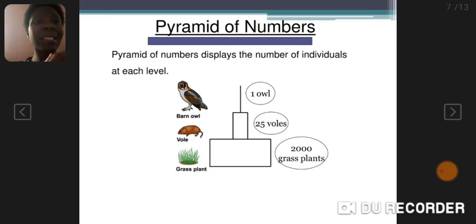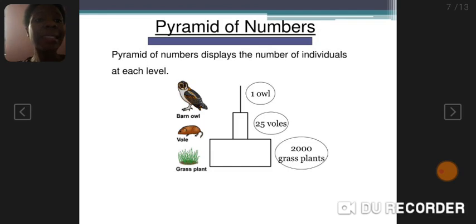However, we are looking at it because we are trying to figure out the numbers. For example, I want to find out the number of grass plants in this ecosystem. It has been found that there are 2,000 grass plants in a unit area of that ecosystem.